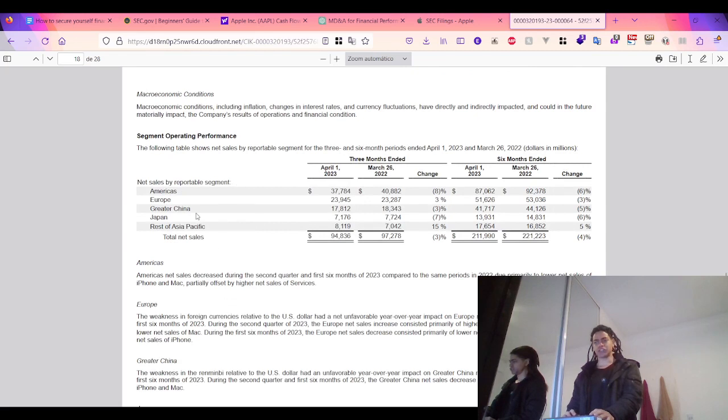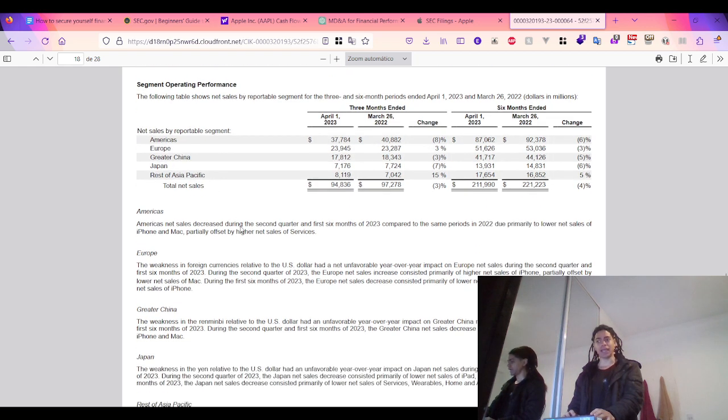So here it describes important trends from the management perspective, and risks that have impact, or may shape the company's future.